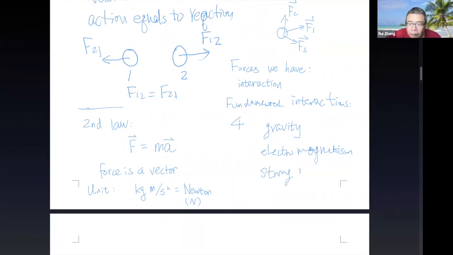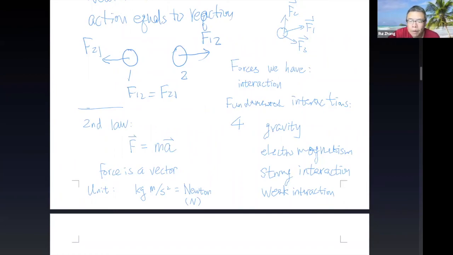My whiteboard for some reason is not writing very well. And then we have weak interaction. So these are the four kinds of interactions we have, okay?